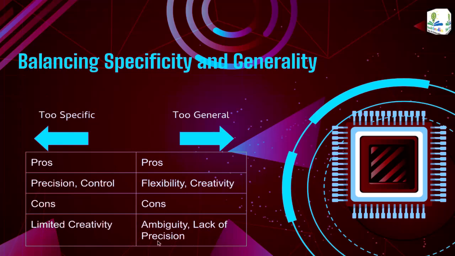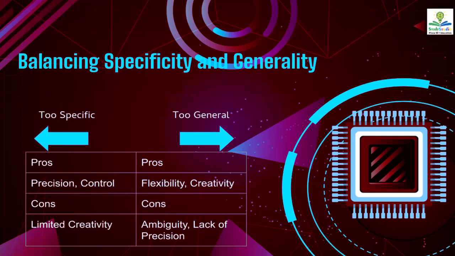However, there are also cons when it comes to general prompts. The first one is ambiguity. General prompts may lead to ambiguous or unclear instructions, resulting in responses that lack focus or fail to address the intended task or questions. And also lack of precision.